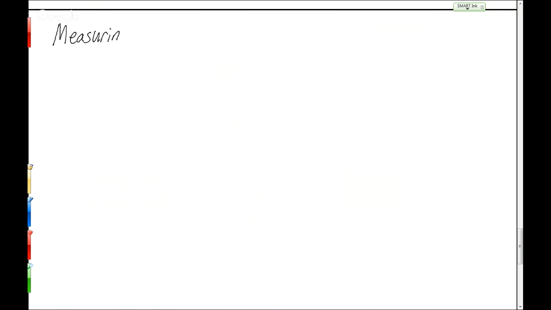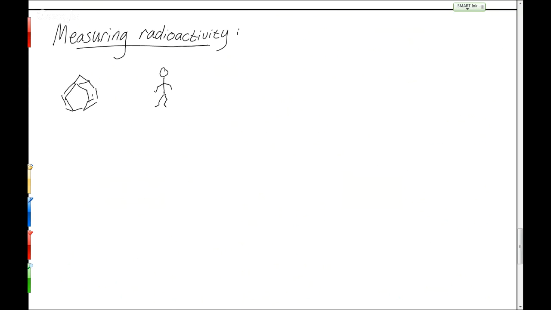We're going to look at measuring radioactivity. So if you have a radioactive thing, this is my best picture of a radioactive rock. There are 2 ways to measure radioactivity. There is the radiation coming off of the rock.